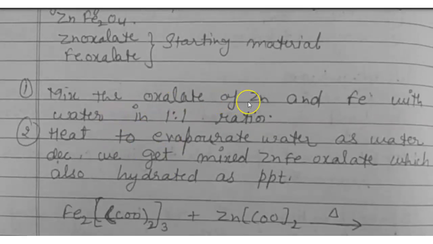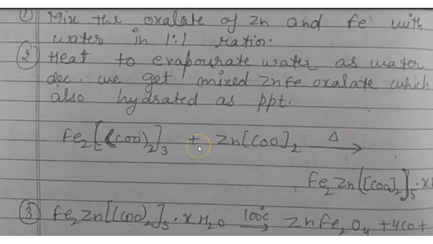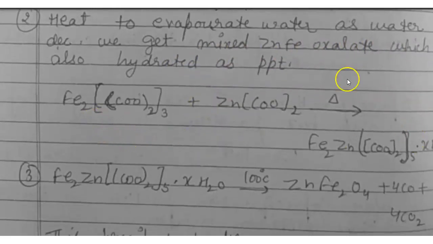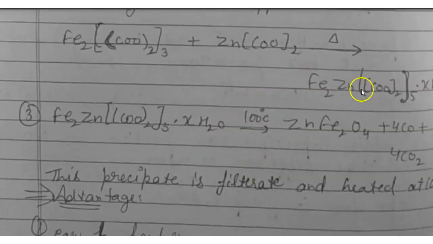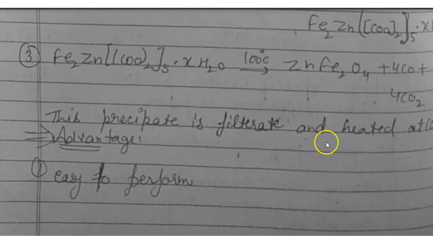So mix the zinc and ferrous oxalates with water in 1:1 ratio. Heat to evaporate water. As water decreases, we get mixed zinc ferrous oxalate, which is also hydrated, as a precipitate. These reactions occur when we heat, and this fraction is filtered and heated at 100 degrees Celsius.